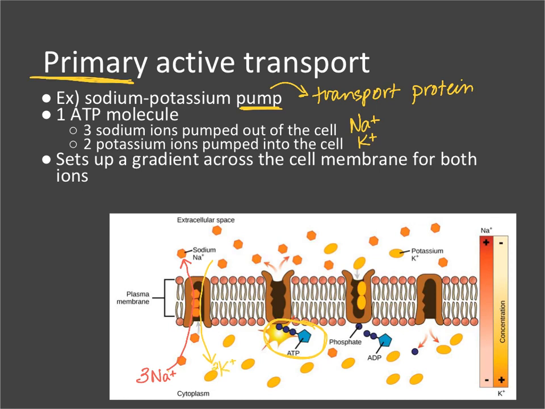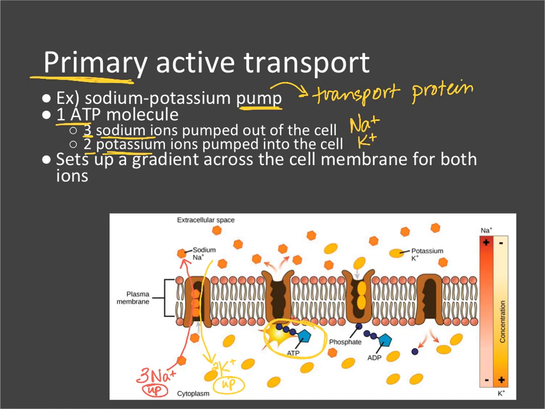So for each molecule of ATP, you're transporting 3 sodiums and 2 potassiums, but you're actually transporting them in opposite directions. But they are both being transported up or against their concentration gradient. So potassium is being transported up its own concentration gradient. Sodium is being transported up its own concentration gradient.